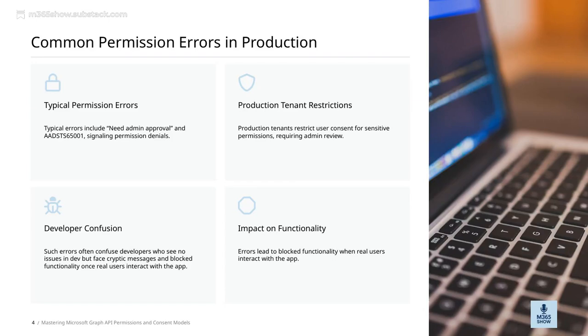These signals are basically permission denials, indicating that your app is trying to access something it hasn't been granted permission for yet. Understanding these errors and the underlying consent models helps you troubleshoot effectively and ensures your app functions smoothly once it's in production.